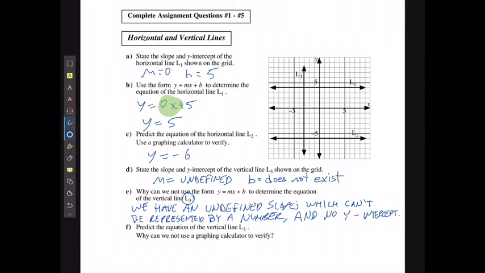So both parts of my slope-intercept form don't actually work.